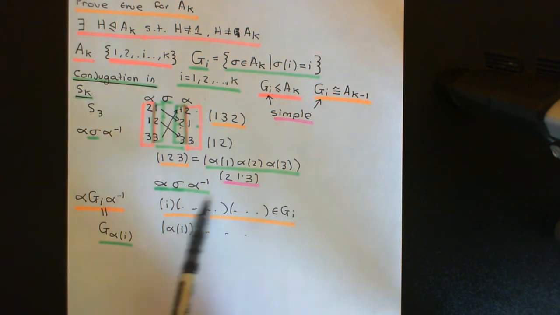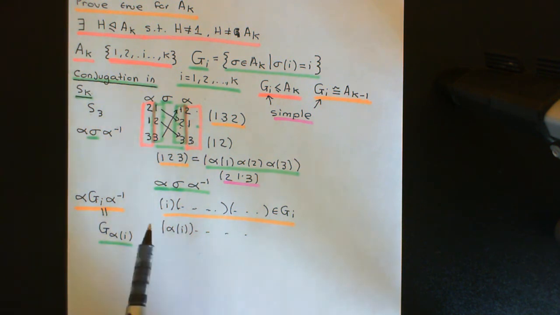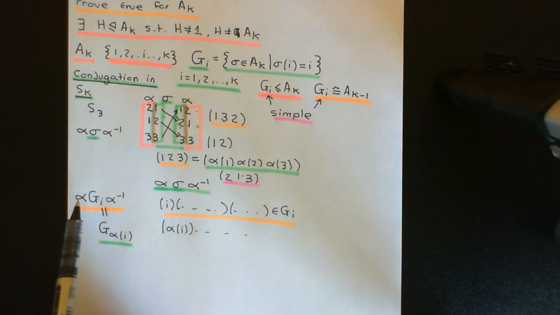All of the other cycle decomposition will change as well, but this is the portion that's important. Every element in here will now go on to a corresponding element that fixes alpha of I rather than I, and you will therefore end up with all of the elements in the alternating group on the set of k elements that fix alpha of I.